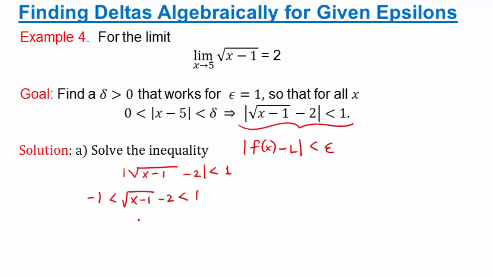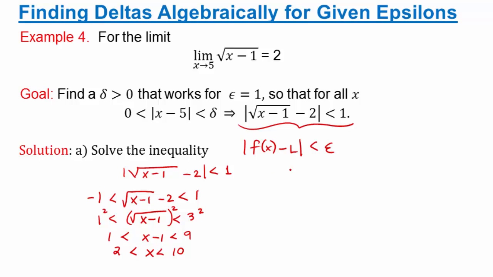Adding 2 throughout, we get the square root of x minus 1 between 1 and 3. Then we square everything, which does not change the inequality order. So then we have x minus 1, which eliminates the square root sign, between 1 and 9. Adding 1 throughout, we get x between 2 and 10.